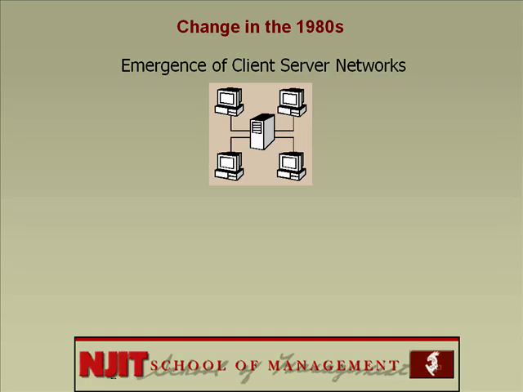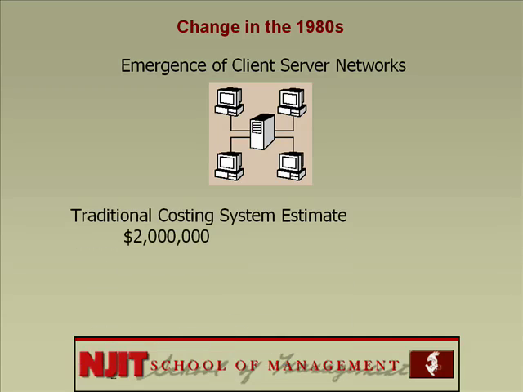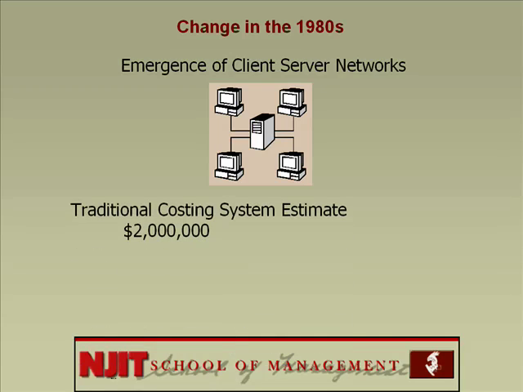Assume the accountant came up with an estimate of $2 million. The managers would decide that it was acceptable since it was within their budget. They would then go ahead and implement the system. The problem was that in most cases, the accountant got it wrong.